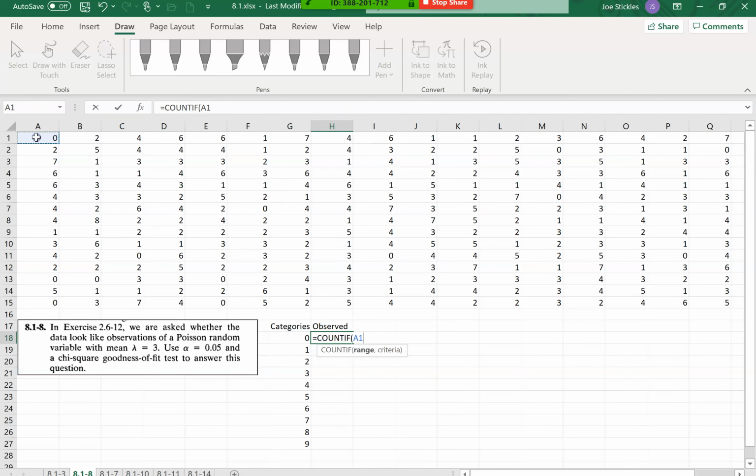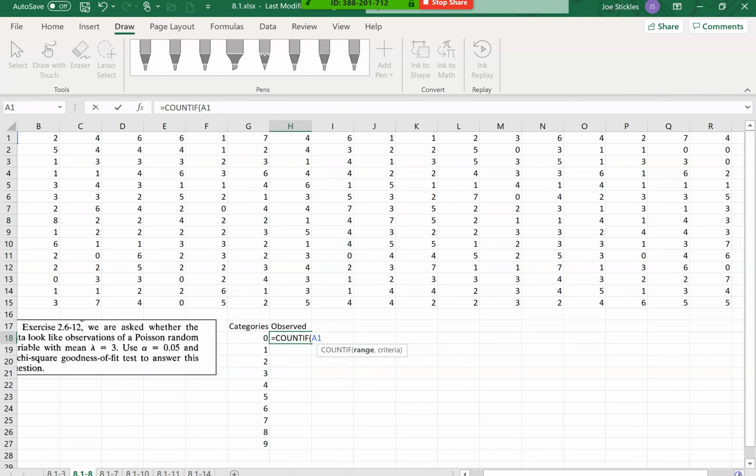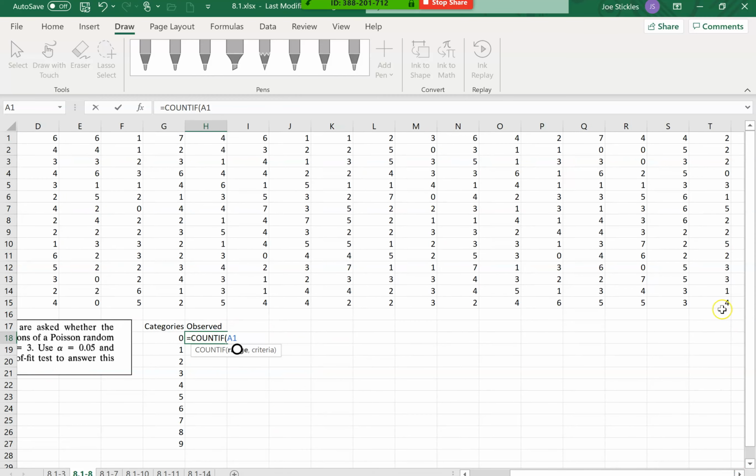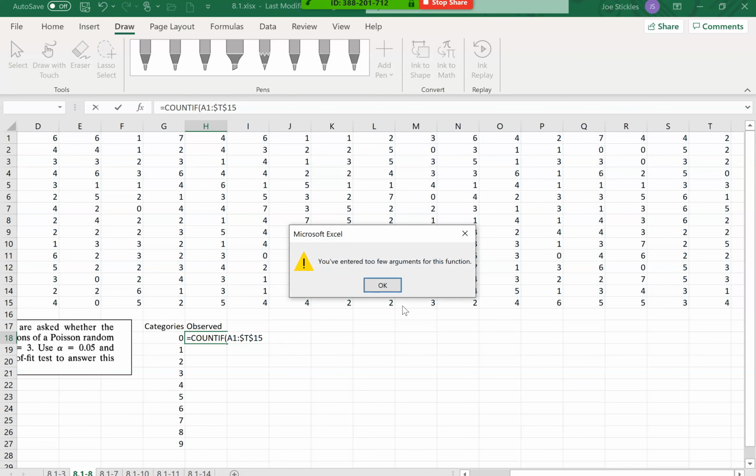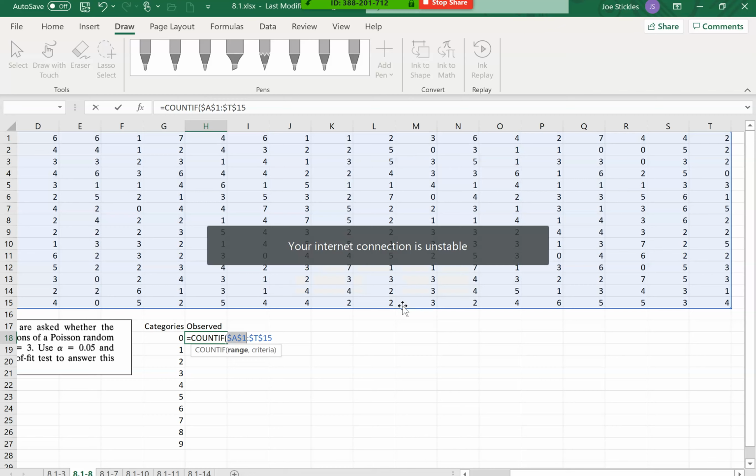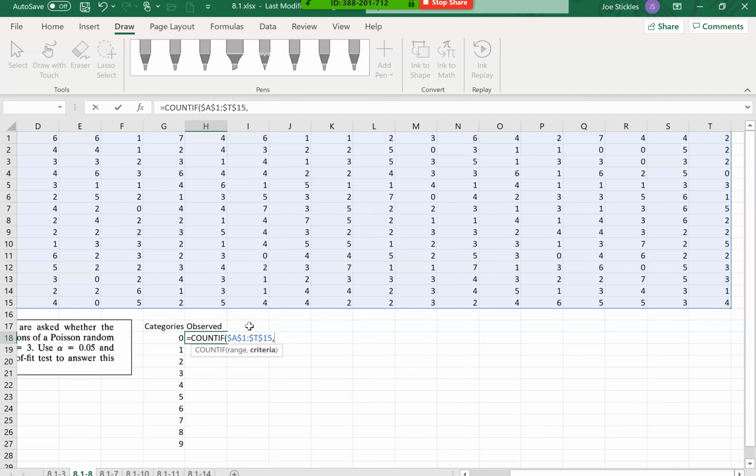The range goes all the way over to T15. And for the criteria, I need to make sure I make that an absolute cell reference. I want absolute cell references on those because I want to copy this formula down. Remember, Excel will use relative cell references unless you tell it to fix it.